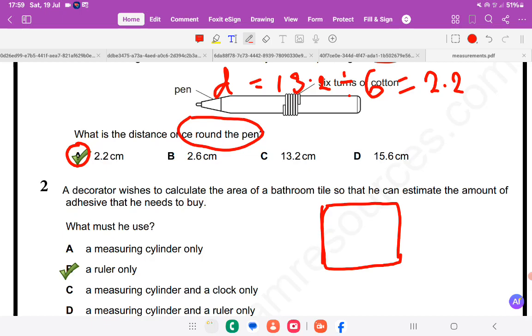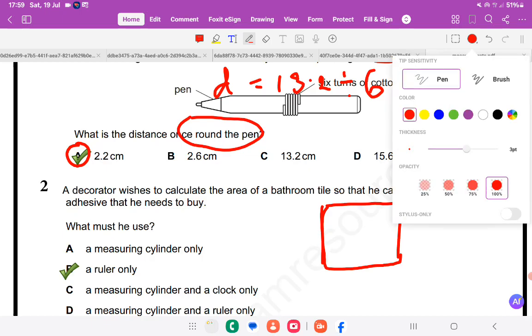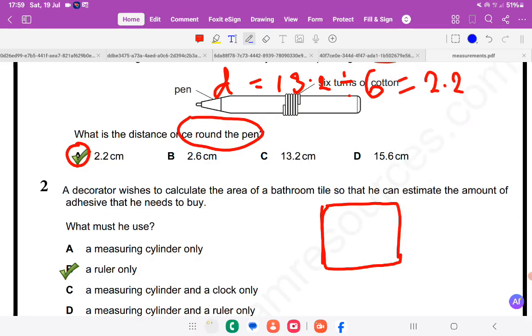The decorator would like to determine the amount of adhesive that he has to buy in order to stick the tiles in the bathroom. So we need to calculate this area.